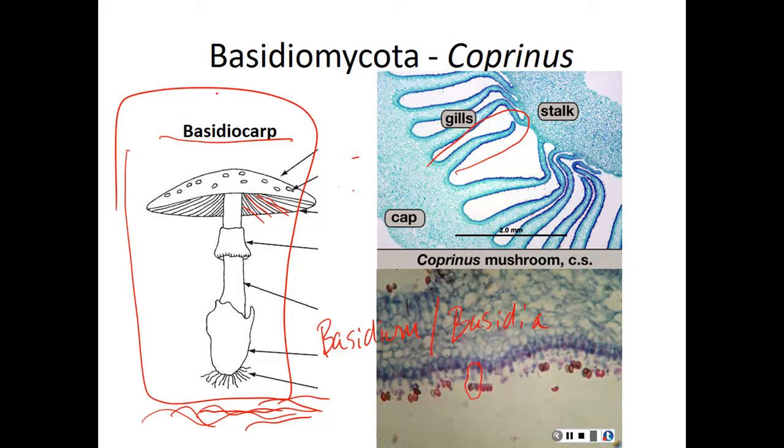So within these structures called the basidia, the karyogamy, fusion of the nucleus, will occur. So what was a dikaryotic cell will fuse, the nuclei will finally fuse, so we'll have a cell that has a diploid nucleus.